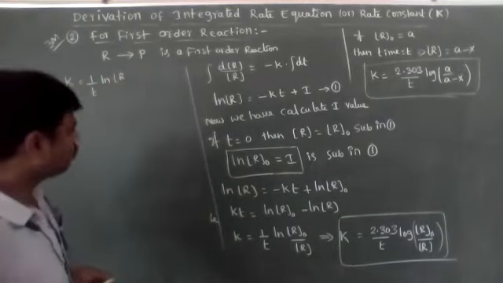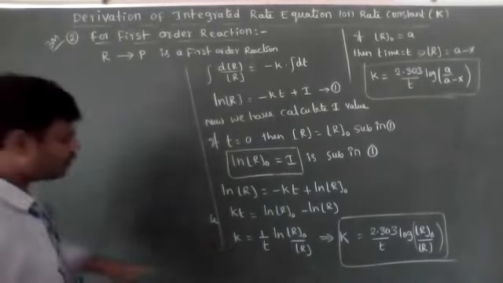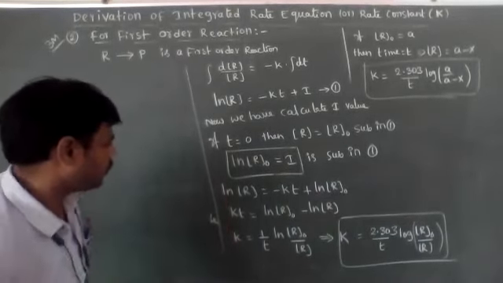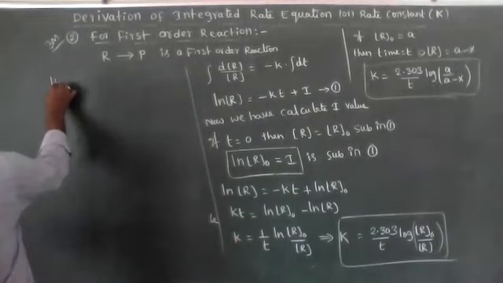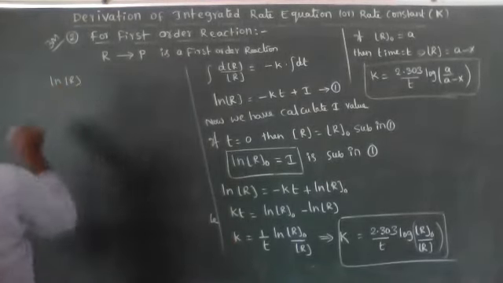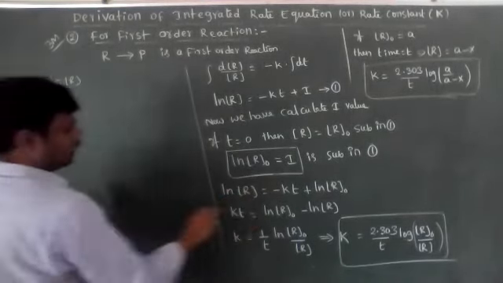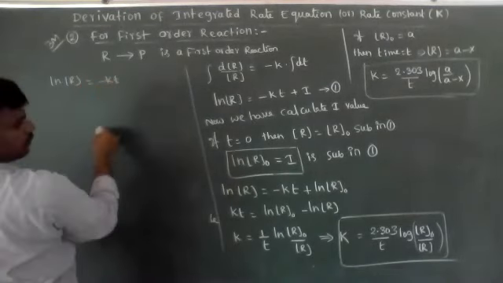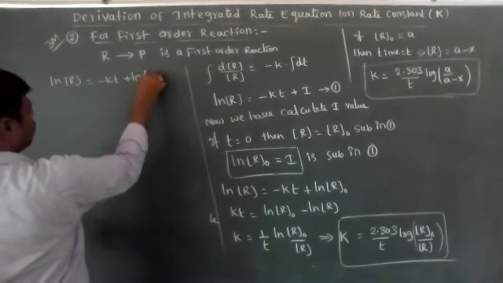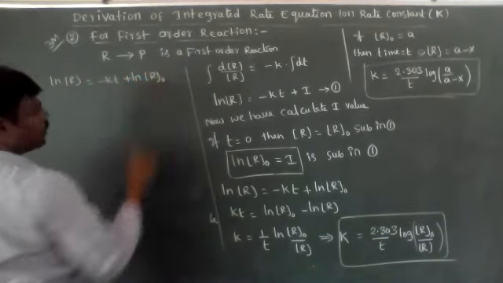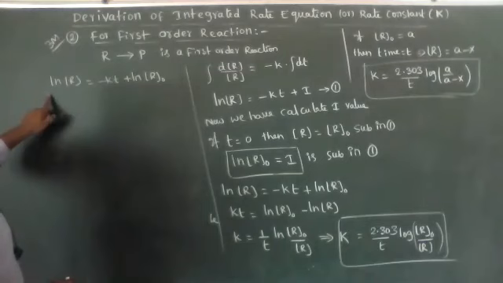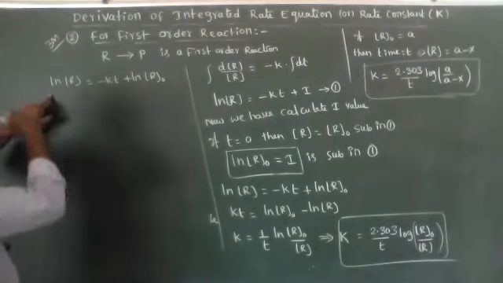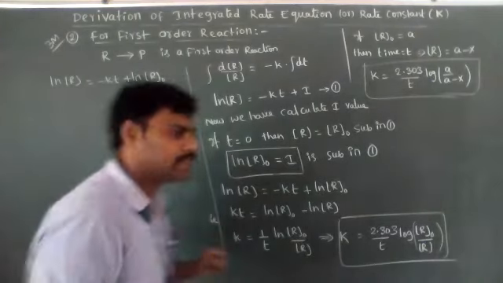So you have to take just this above equation: ln R equals minus kt plus ln R naught. Just consider this equation. In this equation, if R naught goes to the left side, it becomes minus ln R naught.